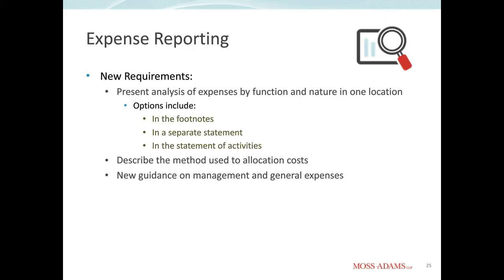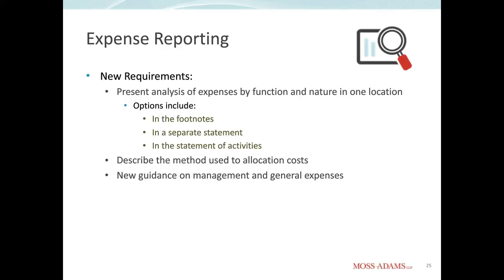However, this will be a required disclosure for organizations when you adopt this standard. The functional expenses can be included in the footnotes. Oftentimes you will see that as a statement of functional expenses in addition to the statement of activities, or you may see it within the statement of activities itself.